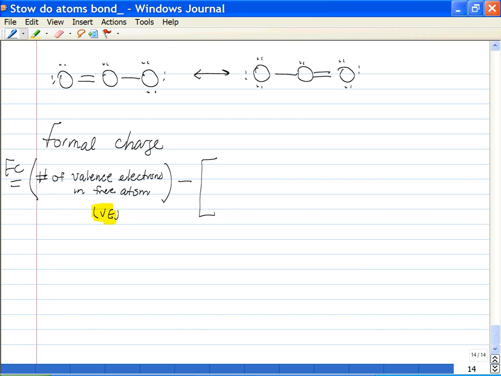Minus the sum of. It looks like it's about to get complicated, but it's not. The number of non-bonding electrons in the molecule after it's been bonded. After it's been bonded, how many non-bonded electrons does it have on it? Plus 1/2 of the number of bonding electrons in the atom.